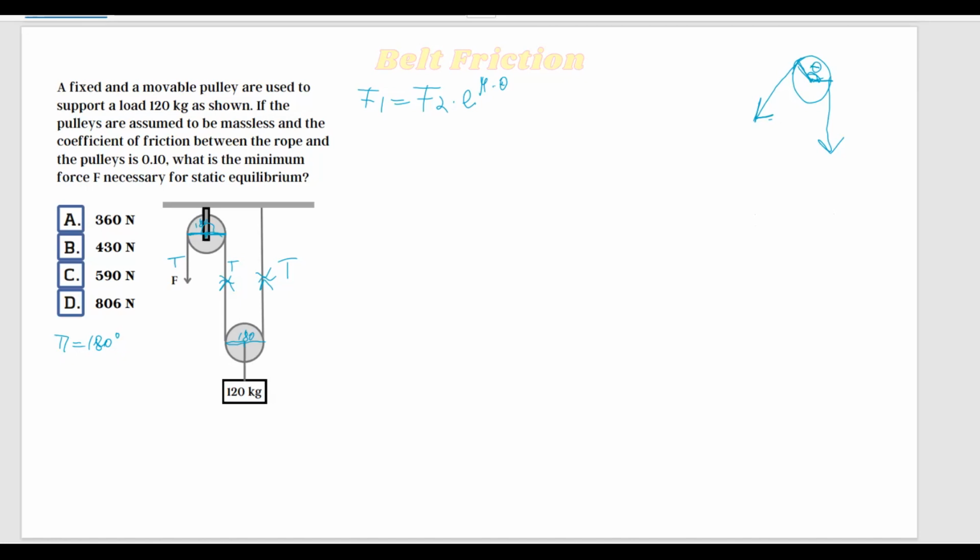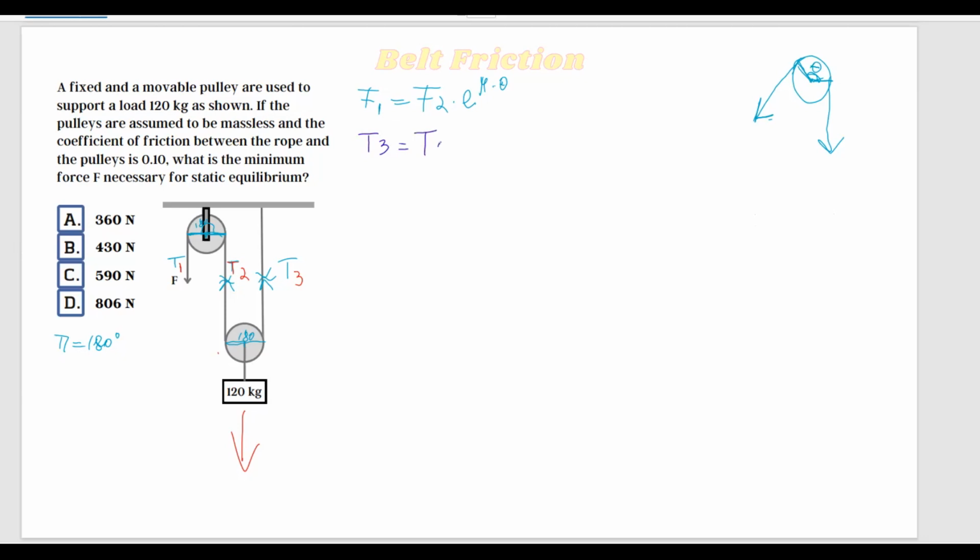In this case, before we add anything, this system is going to go down in this direction. It's going to be pulled down this way, which means that this is the greater force, T3, this is T2, and this is T1.